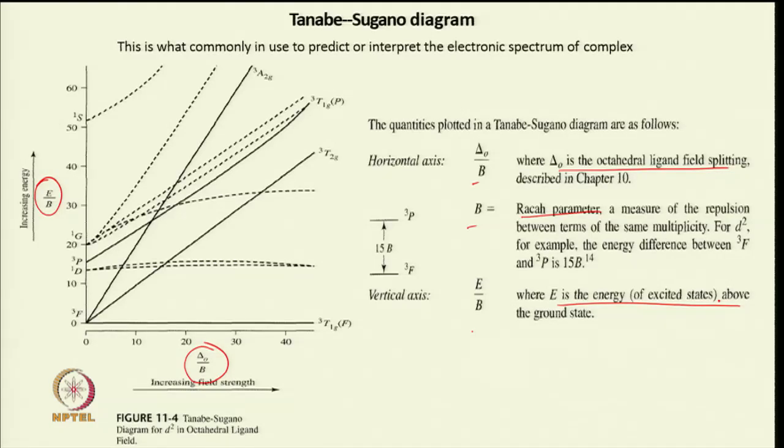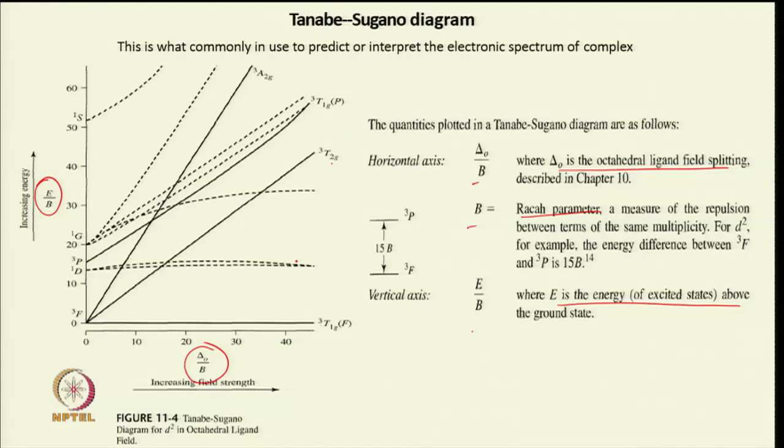Again, if you remember, 3F goes to 3 different terms, 3T1g, 3T2g and 3A2g, and this goes up if I increase the field.